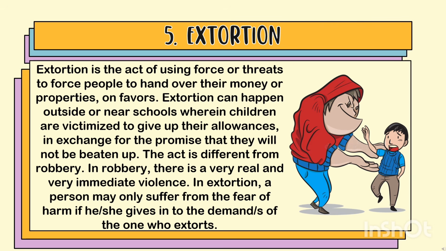The act is different from robbery. In robbery, there is a very real and very immediate violence. In extortion, a person may only suffer from the fear of harm if he or she gives in to the demands of the one who extorts.